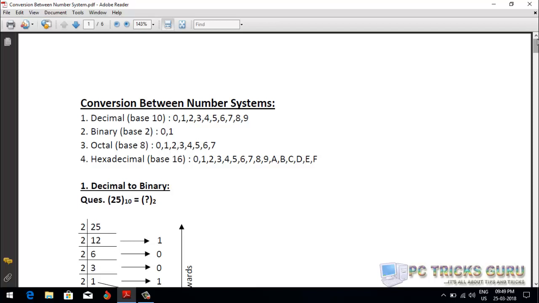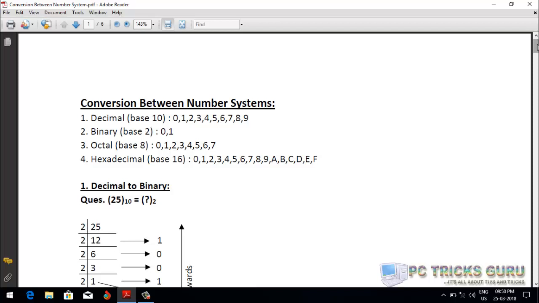Octal is represented with base 8, and it contains the numbers from 0 to 7. And hexadecimal is represented with base 16, and it contains the numbers from 0 to 9, and 10 to 16 are represented as A, B, C, D, E, and F.